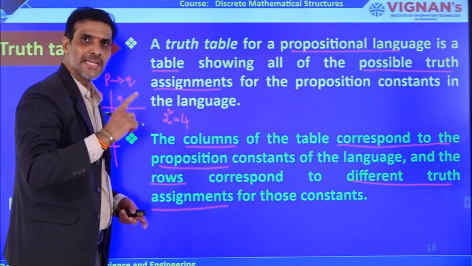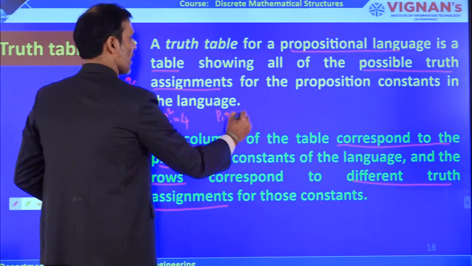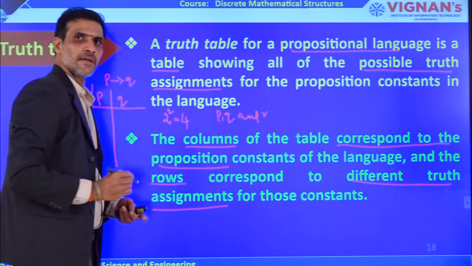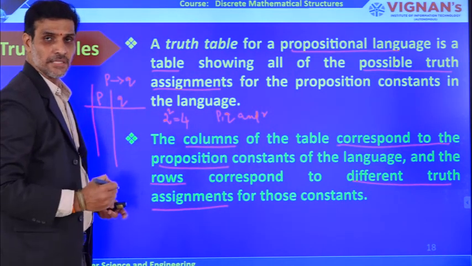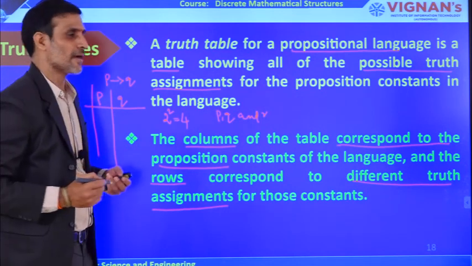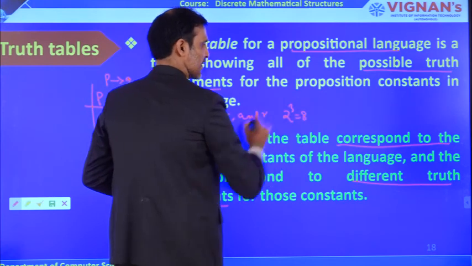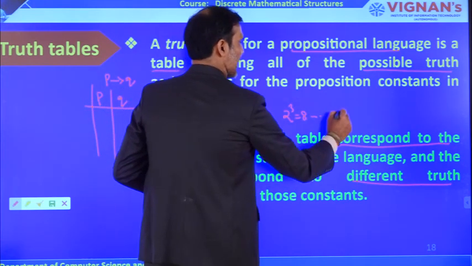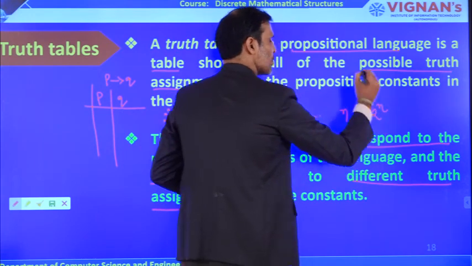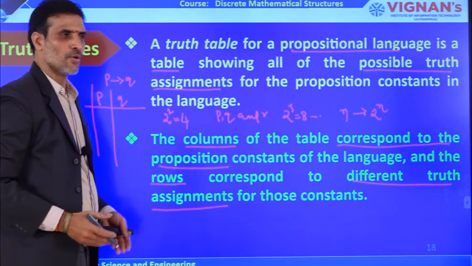If I take three propositional variables like P, Q and R, then in the rows you have to take 2 cubed, which is equal to 8. Similarly, if there are n propositional variables, then we have to take 2 to the power n truth value assignments in the rows, so that many rows you are going to get.